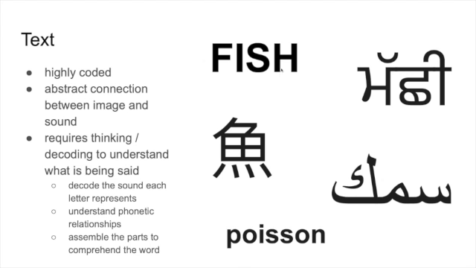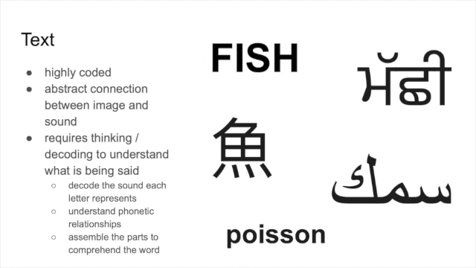So the sh isn't s, h, it's sh. So when I start putting all of this together, I get f-ish, fish. And then I realize, oh right, the combination of these symbols creates this fish sound, and fish is the name that I give to that thing that I saw, right? So it takes a while to go through that process.